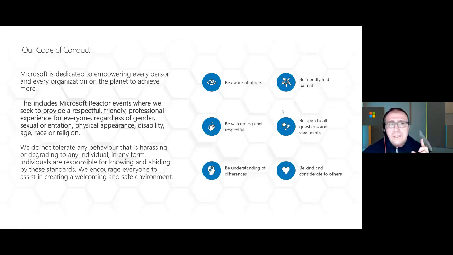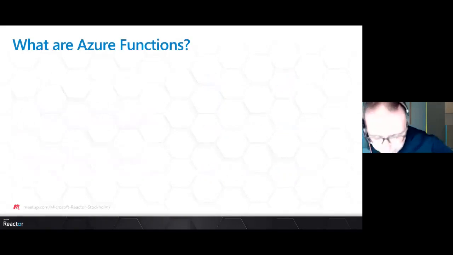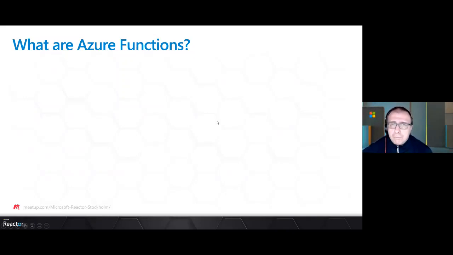Then we start. First of all, I want to recap briefly what is an Azure Function. What is the technology behind the Azure Function? So Azure Functions are essentially a snippet of code that allows you to react when something happens in a source.